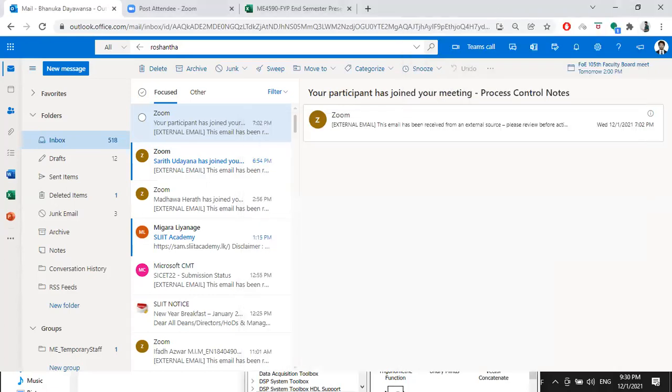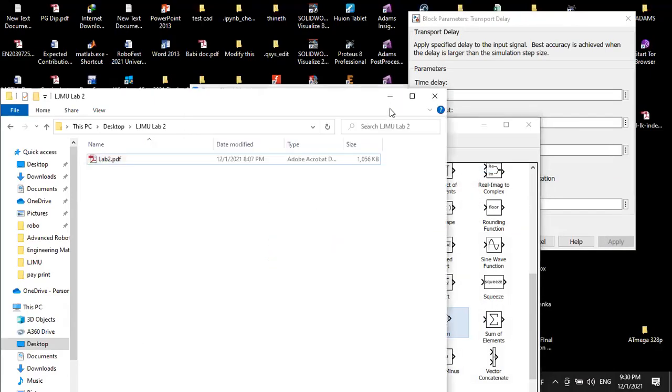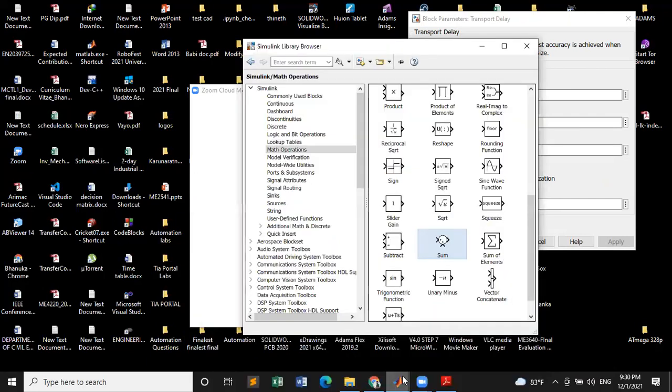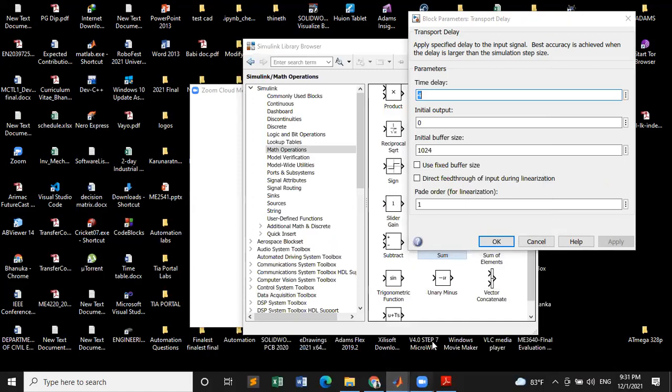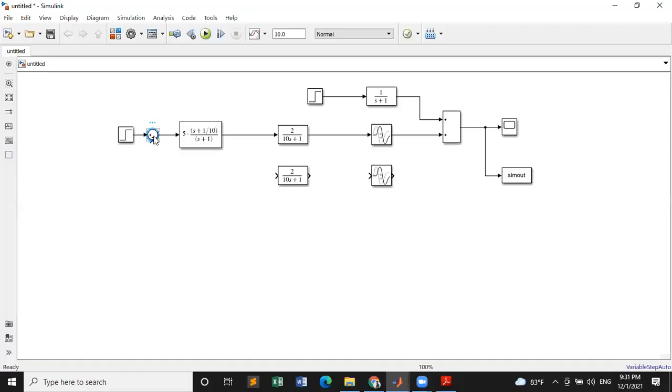So I get another one. I need to get the output from here, then I have to get this from here.